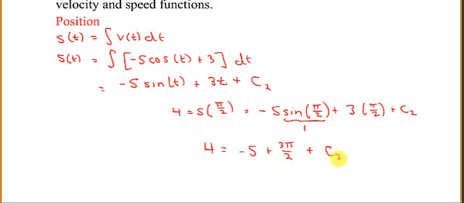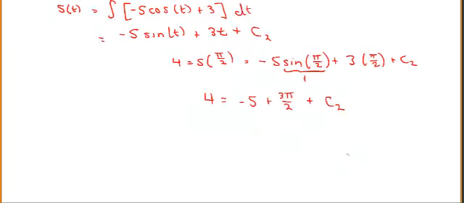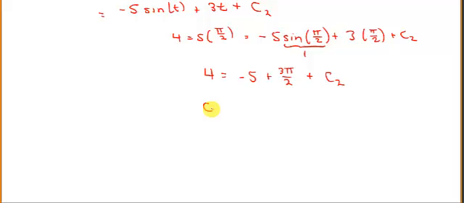plus c2. So c2 is going to be equal to 4 plus 5 minus 3 pi over 2.